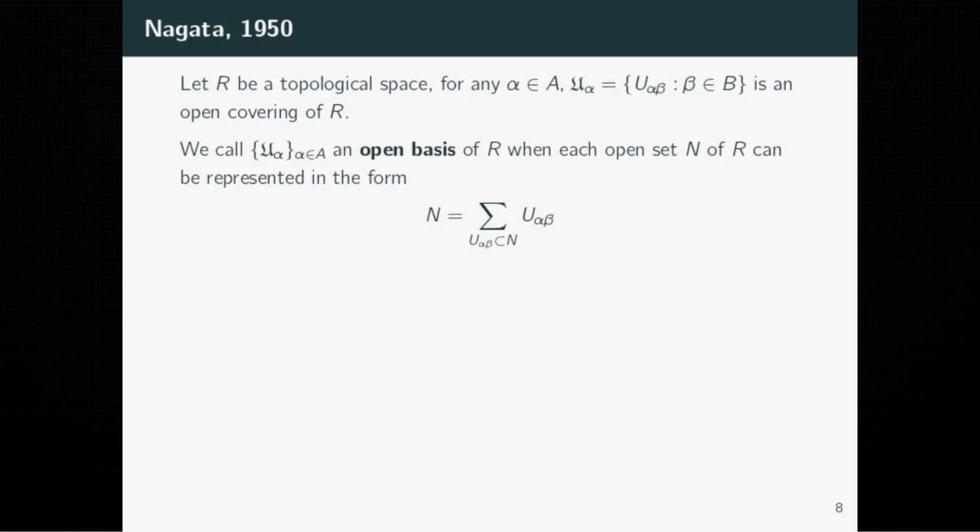All right, so you have that, and then you have an indexed family of open covers, which is called an open basis, such that you can represent any open set of the space as that formula.